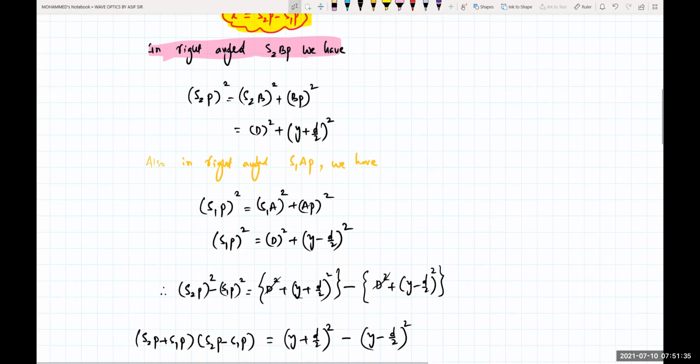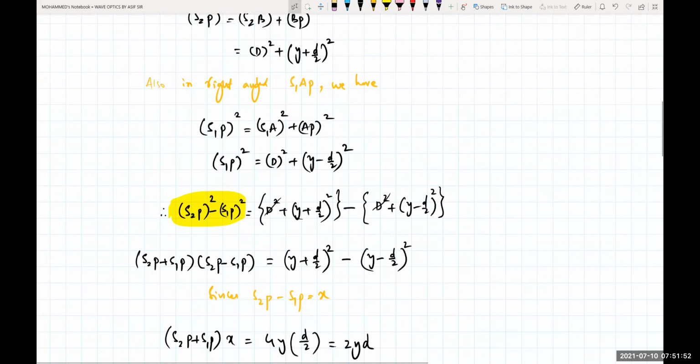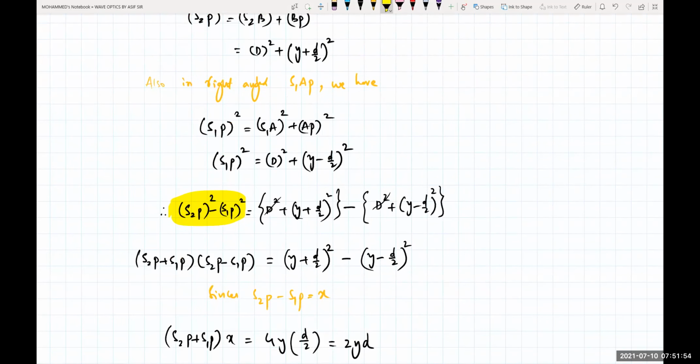Now we got S1P and we got S2P. Now take the difference of that. That is S2P square minus S1P square is equal to, S2P is D square plus Y plus D by 2 whole square, minus S1P, which is D square plus Y minus D by 2 whole square. This D square and this D square will be gone. So if I write it in the form of A square minus B square, what can I write? S2P plus S1P into S2P minus S1P is equal to Y plus D by 2 whole square minus Y minus D by 2 whole square.